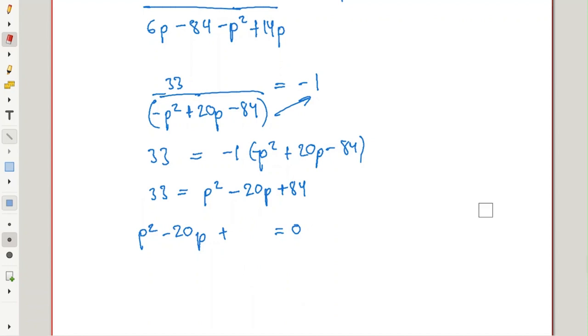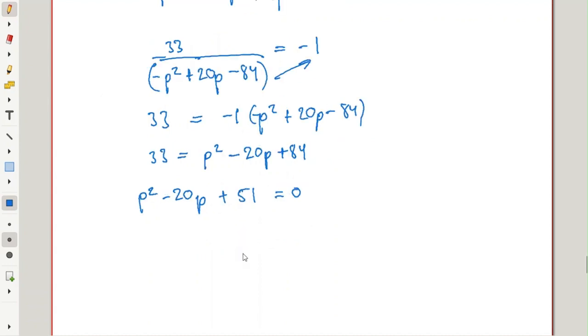So I'm going to get 84 minus 33, which happens to be 51. So P times P will give you P squared. 17 times 3 will give you 51. This time this I should get 17P.